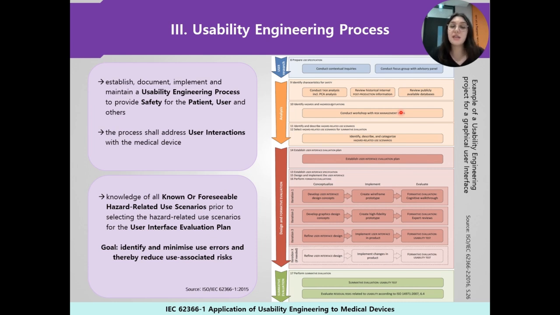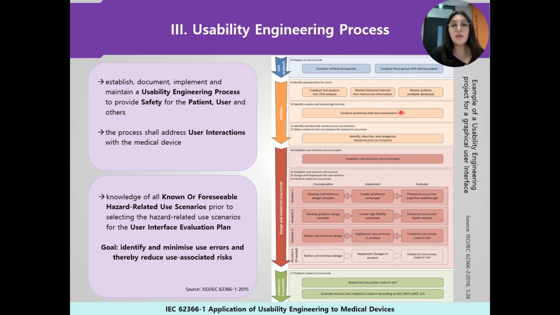Another important point is that this process is iterative, which means it should be repeated until there are no further findings and all risks have been reduced or eliminated, which can be assessed by the manufacturer. One requirement to do that is that the manufacturer has to have all-round knowledge of all known or foreseeable hazard-related use scenarios prior to selecting those hazard-related use scenarios that will be used for the user interface evaluation plan.